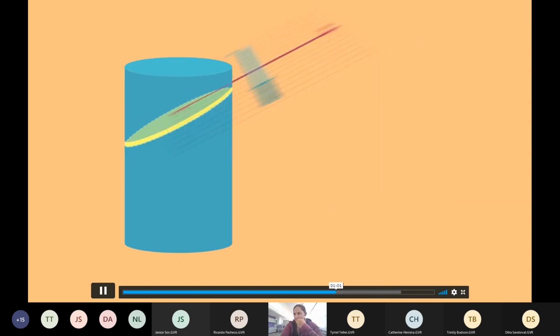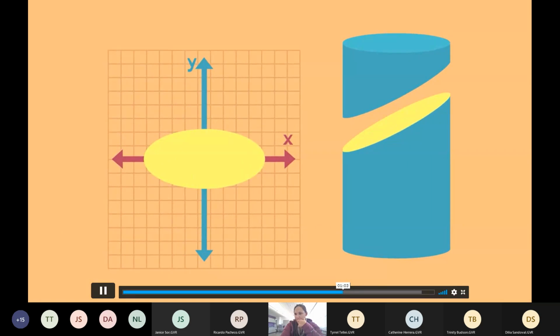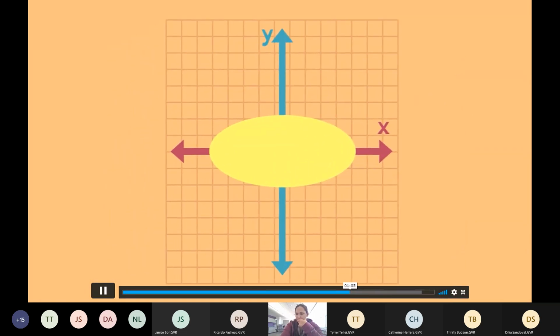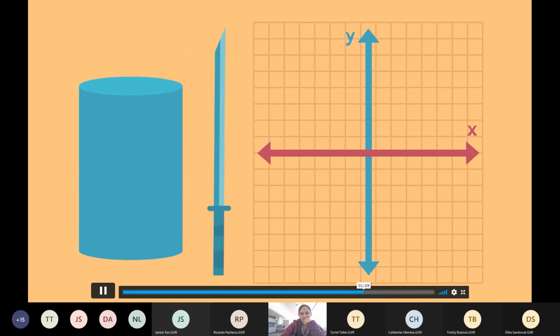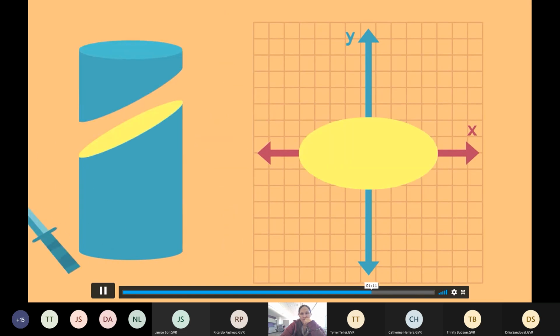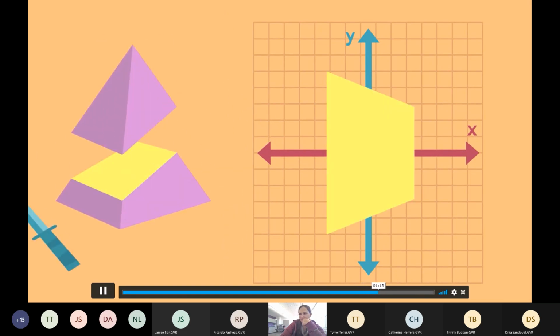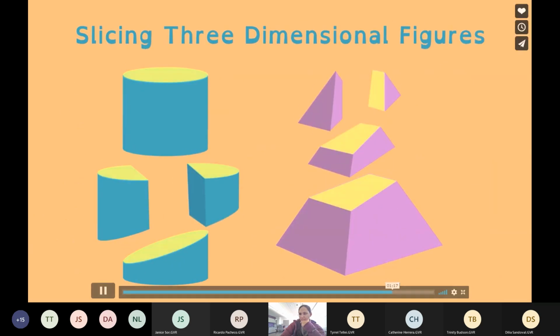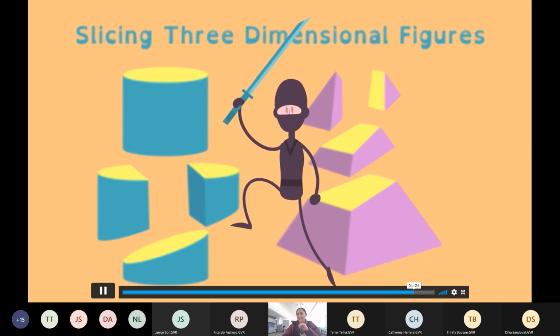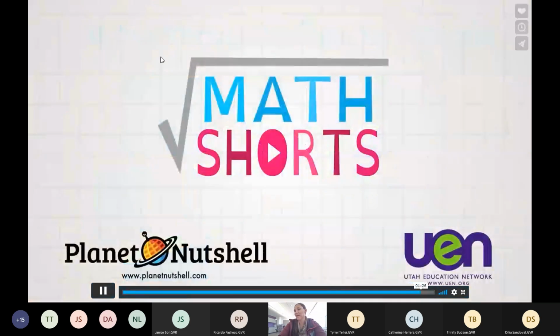Just keep in mind that shapes can look different when you look at them from different angles. So orient the cross-section on the geometric plane. Slicing diagonally can produce different shapes, such as an ellipse or a trapezoid. Understanding the two-dimensional shapes that result from slicing solid, three-dimensional figures is important for geometry. And ninjas. Ninjas are the best mathematicians.